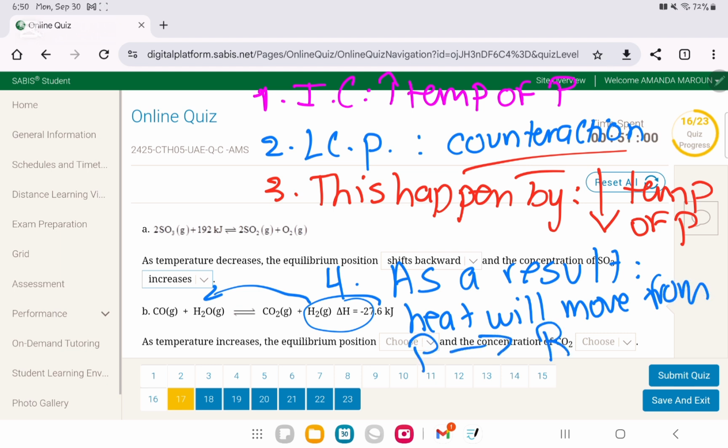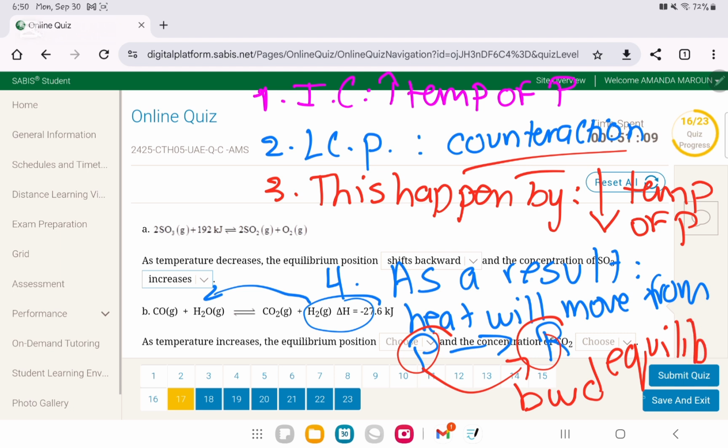And we said anytime we are giving products to reactants, this is a backward equilibrium position. So as a result, you need to decrease the temperature of the products. You will give it to the reactants. As a result, the heat will move from the products to the reactants, which is a backward equilibrium position.